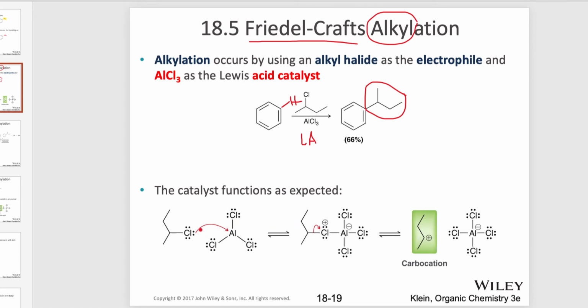So what you see is that one of the lone pairs can attack the aluminum in AlCl3. We're basically forming a Lewis base-Lewis acid complex, which is shown here. This now gives aluminum extra electrons and places a positive charge on the chlorine, which sets this up for a better leaving group. And here's your effective electrophile.